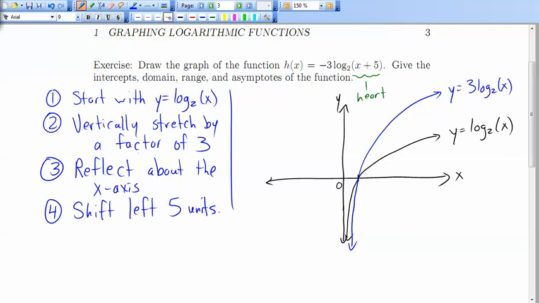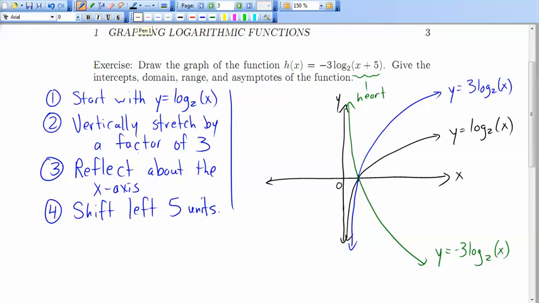Next, we're going to reflect that graph about the x-axis. And lastly, we're going to shift that graph to the left 5 units. Now, we want to be a bit careful here.